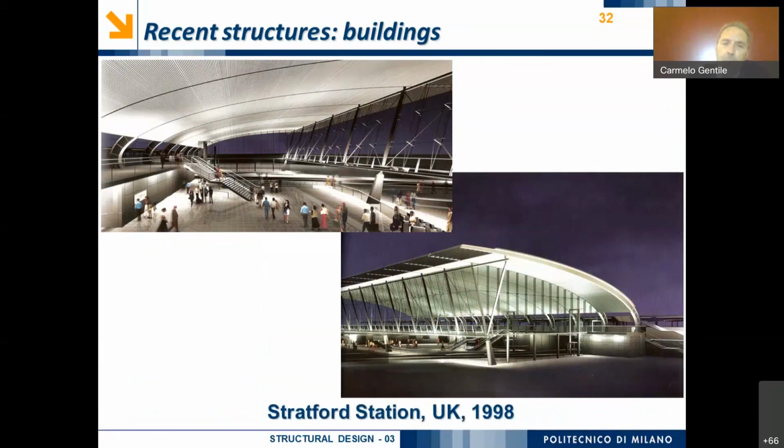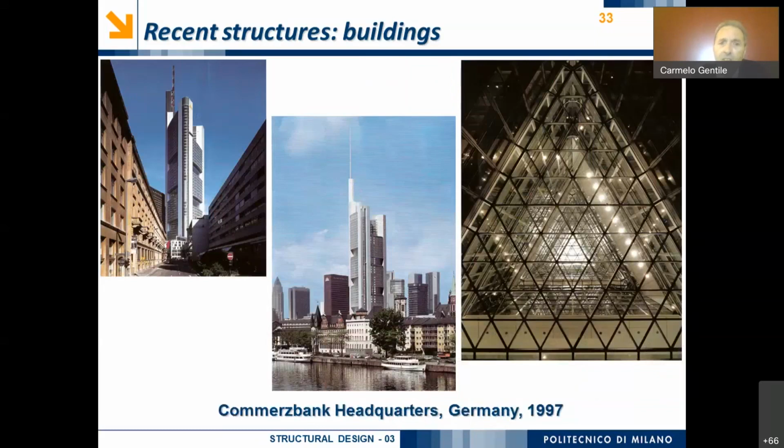Another proposal, this one was not really built, but it is a very interesting architectural proposal, the Stretford Station in UK. Some very large, high buildings in Germany, for example.